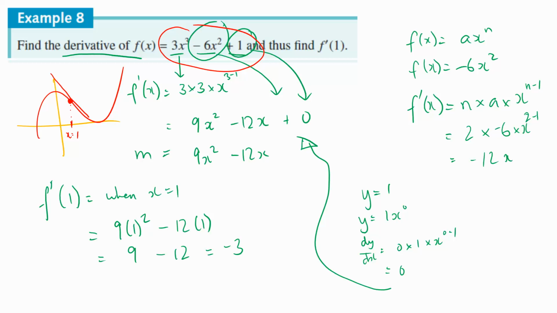Okay? How do you find the y value though? Because this is a typical year 12 question. They'll get you to find the equation of a straight line. You found the gradient. How do you find the y when you know x equals 1? So how would you find y? Yeah. All you have to do, if x equals 1, this tells you y. This is y equals to whatever x is. So if you know x equals 1, sub it in. And then you get the y value at this point. Then you get the coordinates.